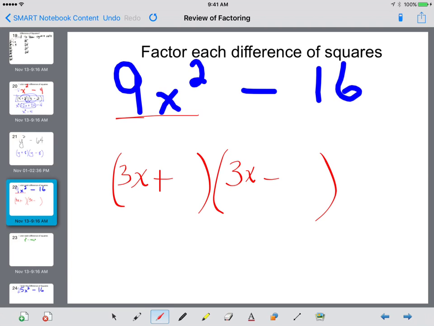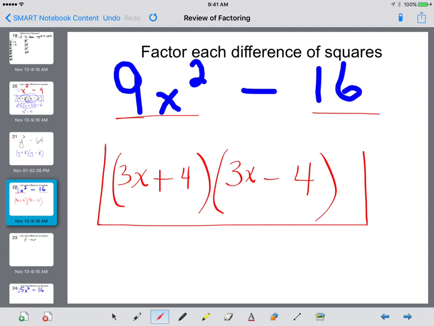So 3x times 3x is 9x squared. Square root of 16 is 4. So it's 3x plus 4 and 3x minus 4. In a difference of squares, you'll always match terms. These need to be the same, and these numbers need to be the same. You have a positive and a negative binomial.